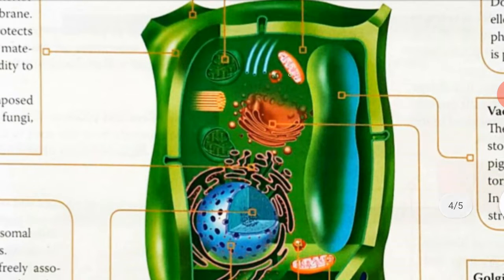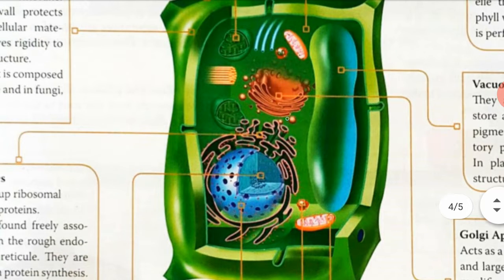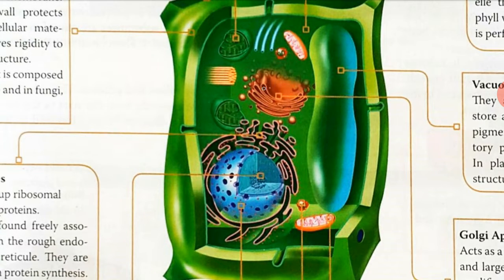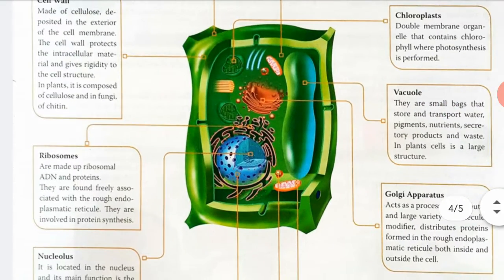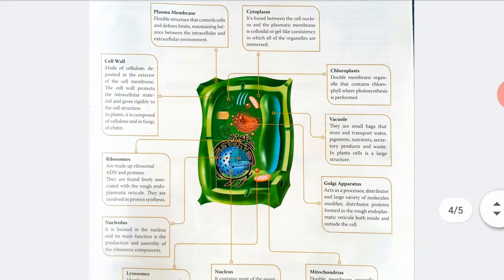Mitochondria, this orange spot right here. We have the Golgi apparatus right here. This orange part is the Golgi apparatus. The vacuole, this green part that is extremely big right here. And then the ribosomes, lysosomes, and other parts that we're going to speak about later.